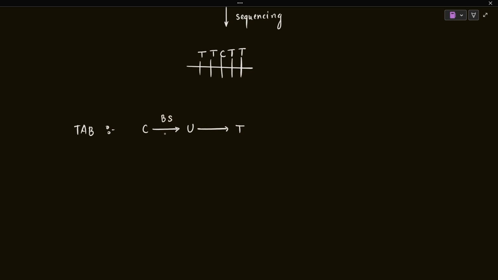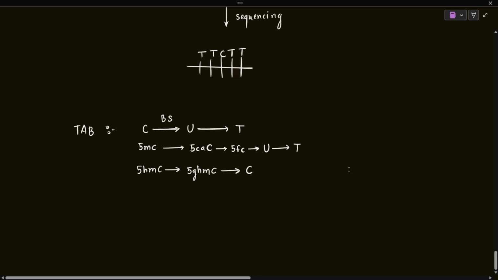The 5-methyl cytosine is acted on by Tet and converted into 5-carboxyl cytosine, which can be converted into uracil, and this is read as thymine. The 5-hydroxymethyl cytosine gets converted into 5-glucosyl hydroxymethyl cytosine, which stays as it is, and is read as cytosine in the sequencing methods.